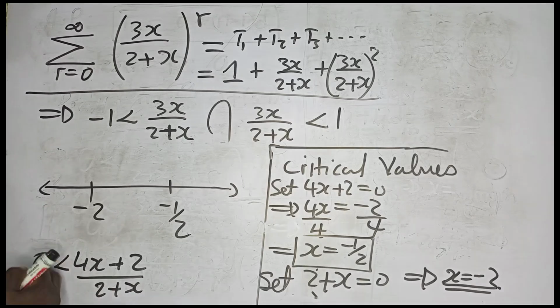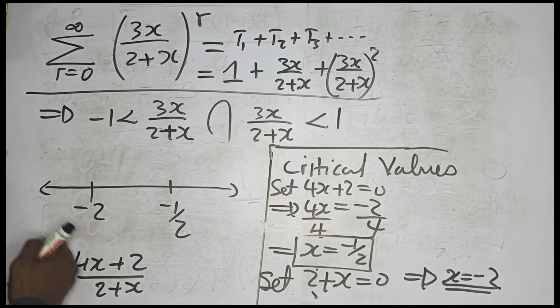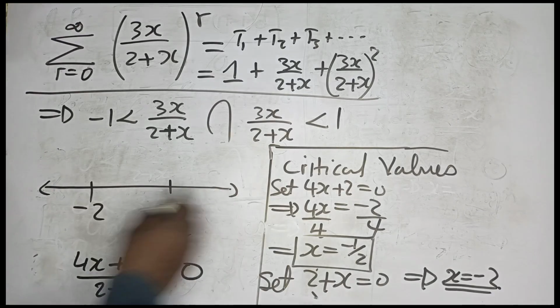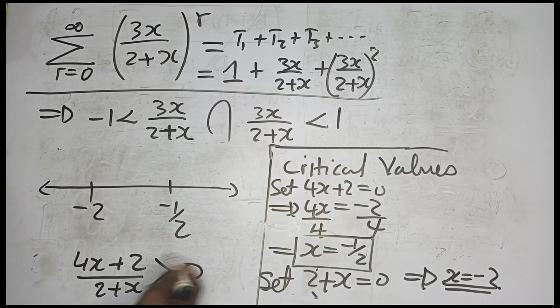So, or if 0 is less than this, it means this should be greater than 0. Okay, the expression that we had earlier, 4x plus 2 all over 2 plus x greater than 0. So we're testing values here to see which one will give us greater than 0. We know that greater than 0 is positive.